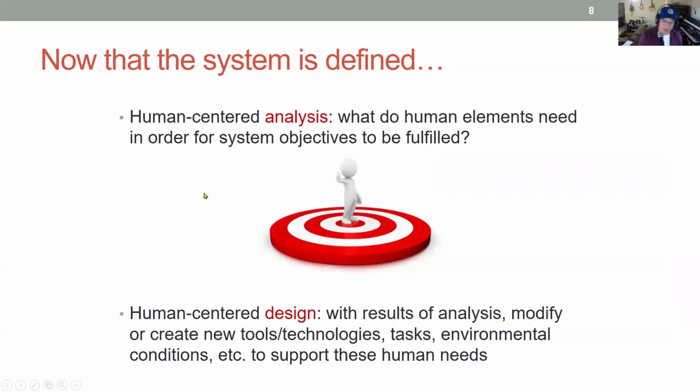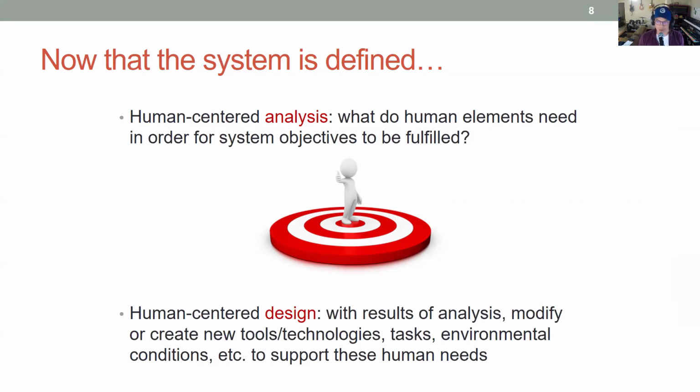Okay, so now that we've defined our system, we're going to do our analysis. The analysis will uncover the problems, and if we are being human-centered, that means we're looking at the human interactions with other aspects of the system. And that's basically what human factors methods will do.